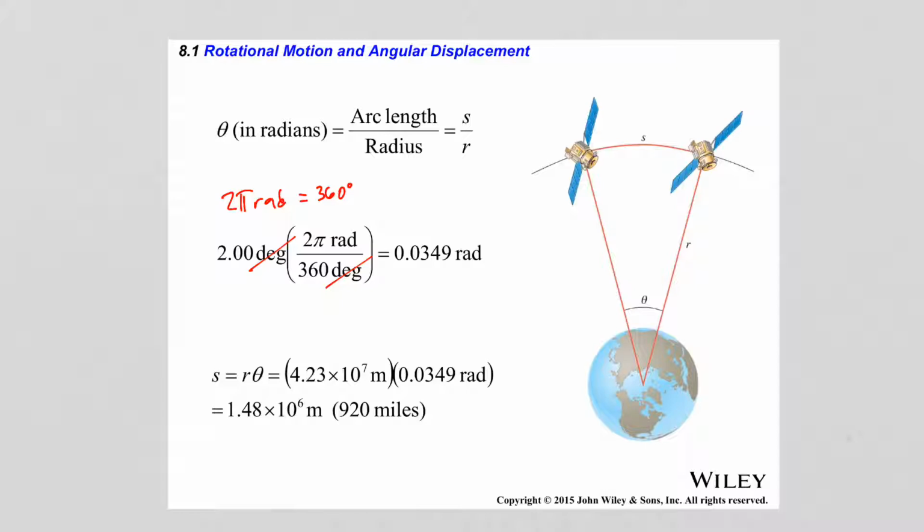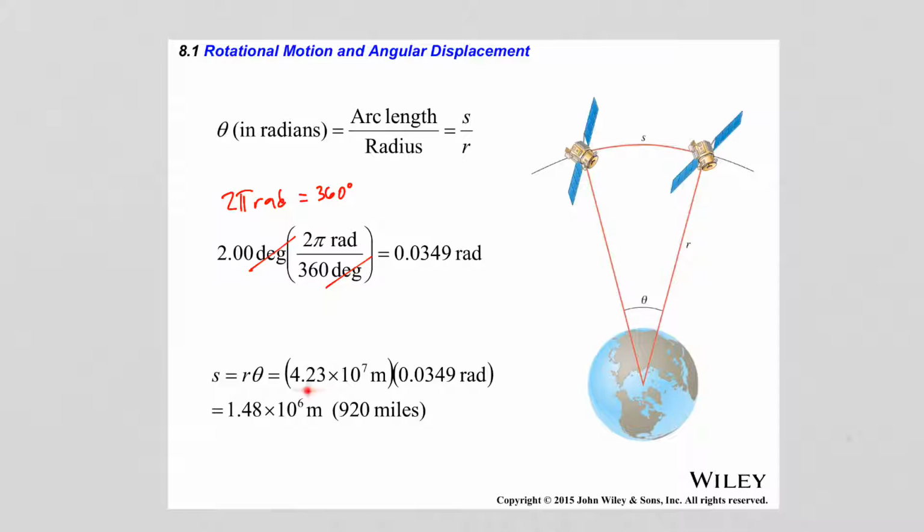From the definition of the angle in radians, theta, I can rearrange the terms and find that the arc length s is equal to the radius of the orbit times the angle between the two satellites.